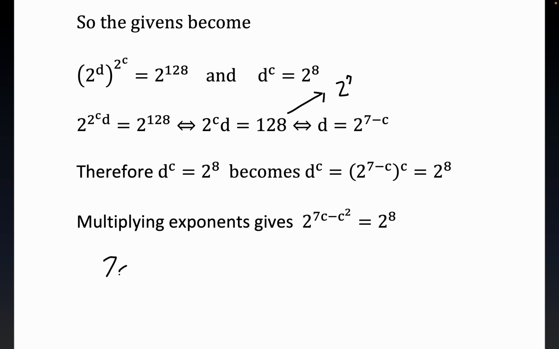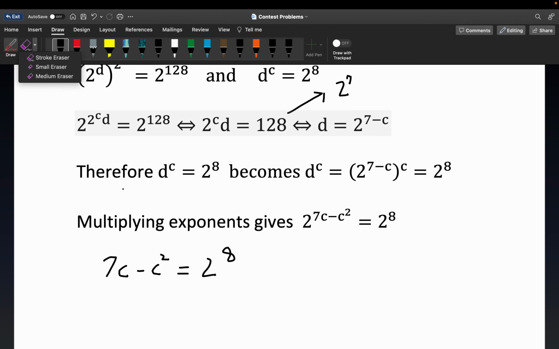7C minus C squared equals 8. My bad, let me erase that.